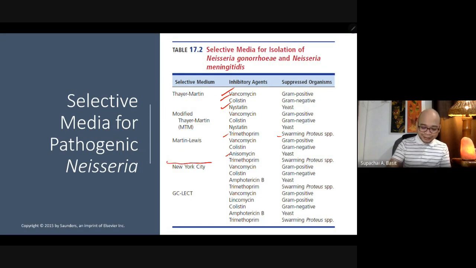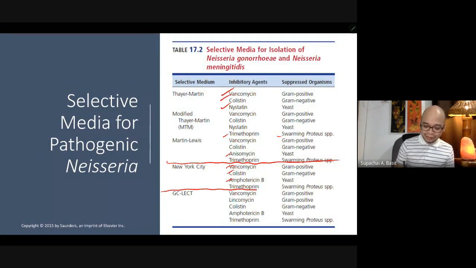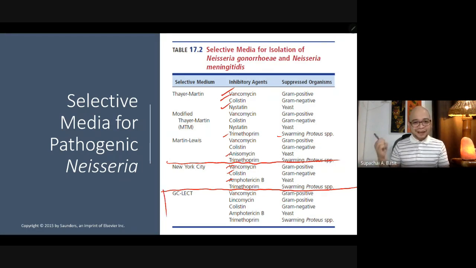The New York City medium would also have vancomycin and colistin, but instead of nystatin or anisomycin, it has amphotericin B. It's actually more expensive and prevents the growth of yeast. And then the GC-LECT medium contains vancomycin and lincomycin.